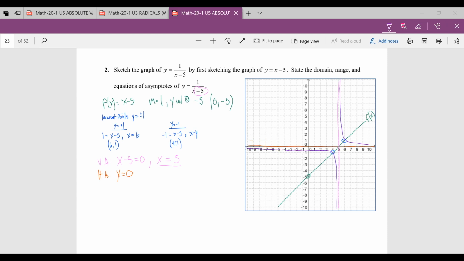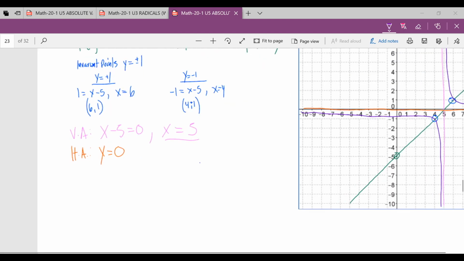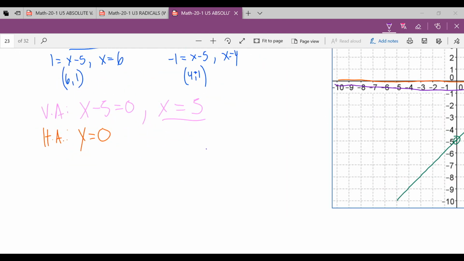Let's see. We've got the formulas for the horizontal and the vertical asymptotes. So those are done. All that's left for us to do is to state the domain and range of the reciprocal function, which will look something like this. Values of x, members of the reals, and the only value of x that is not permitted is negative 5.